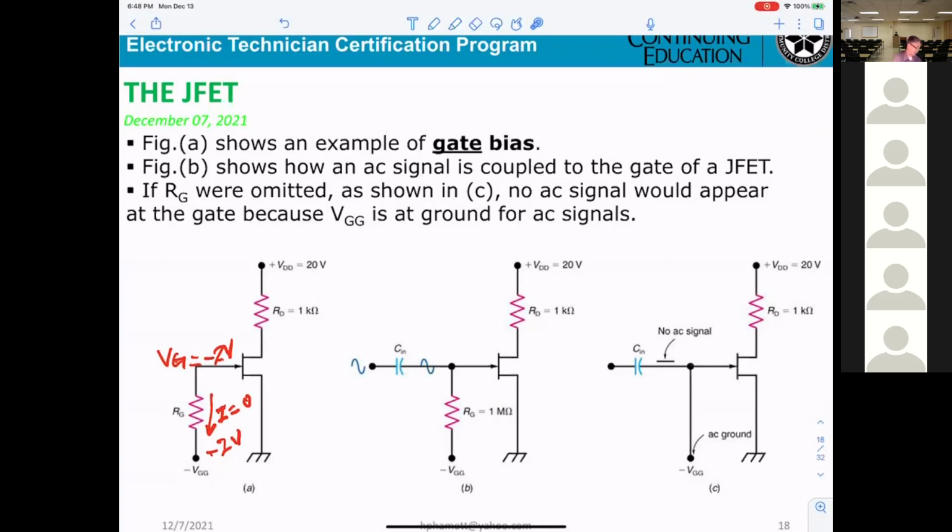Mr. Pham, so -2 volts is DC? Yep. Right, so VGG is a negative supply, and VDD is a positive supply. They must be grounded. So if -2 volts is being used to open the gate, would that change that circuit to 18 volts?